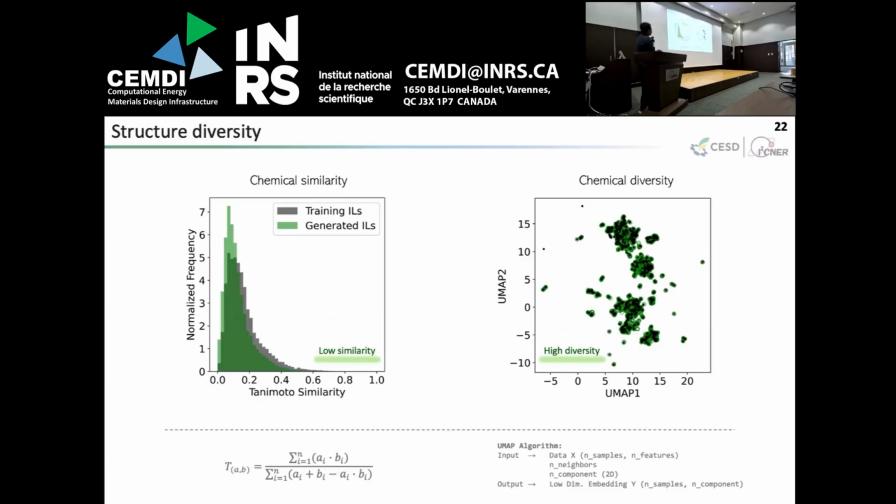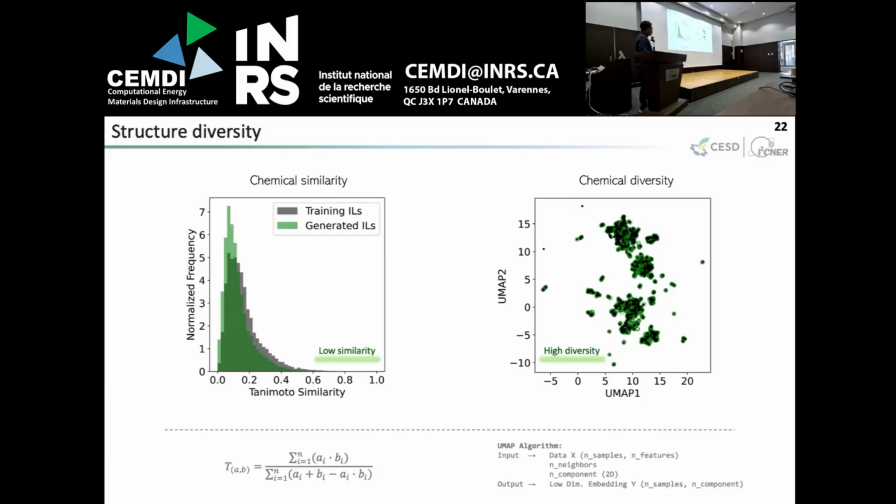We can see that the similarity distribution of the chemical structures in the generated set was quite low, meaning they have big diversity, meaning they are quite diverse. We can confirm it visually using a UMAP projection here, and we can see that the substructure distribution of the generated structures is not localized in a certain region, but well distributed across the space, which is good.